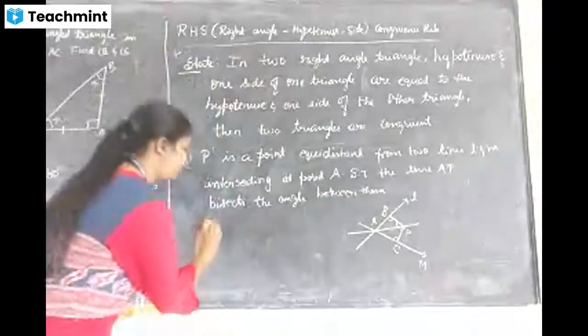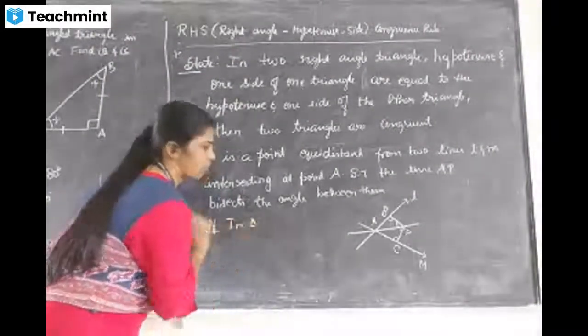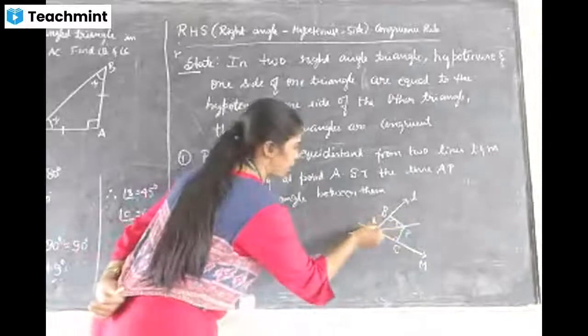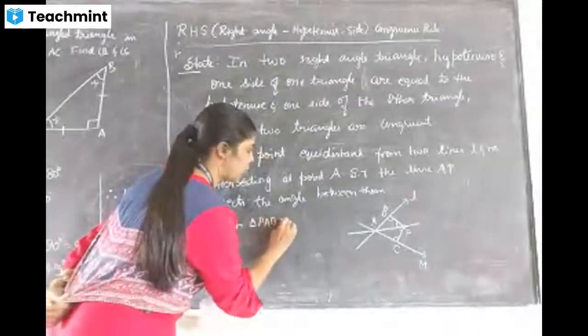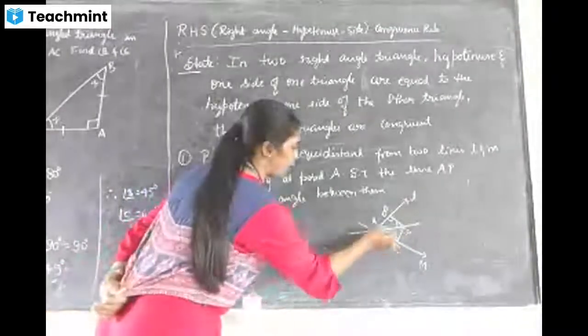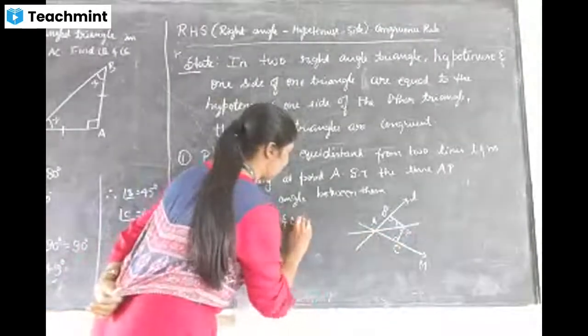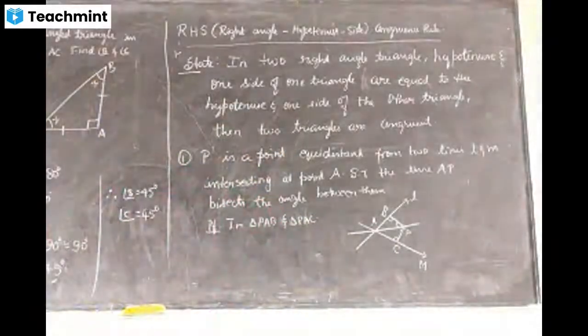Okay, right. In which triangles? Triangle PAB and triangle PAC. Okay, now tell me congruency.